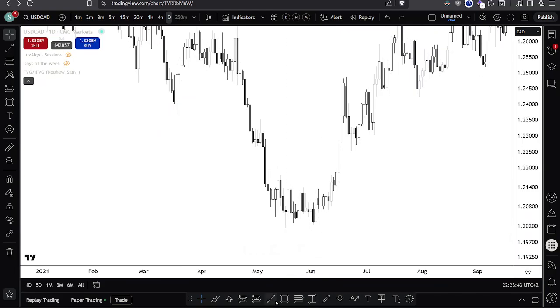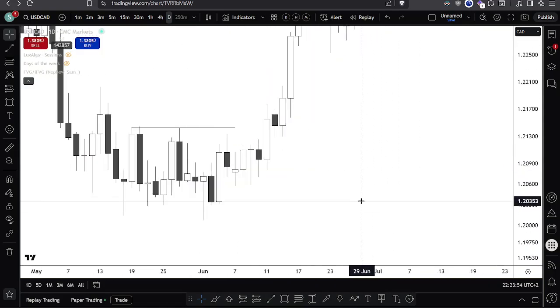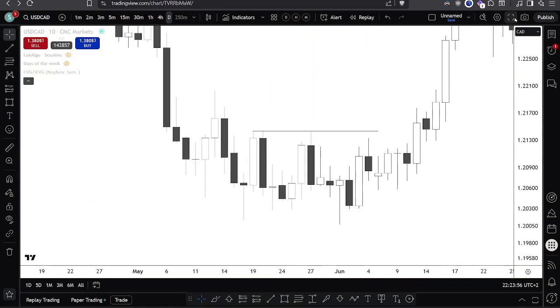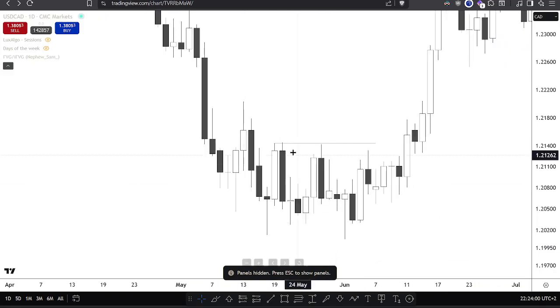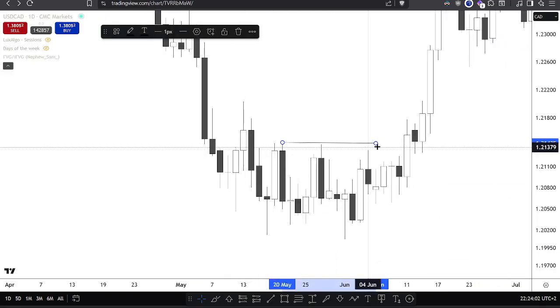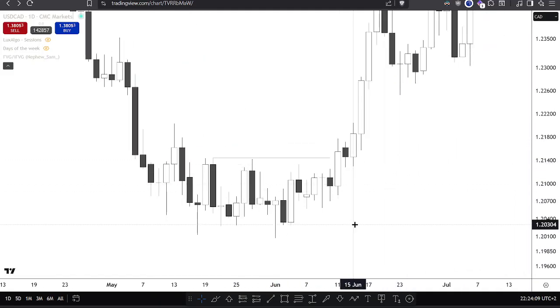So let's see. This is the high, these are the lows, right? And okay, so we have here a double bottom, we have here a high, this is actually higher, and we have here the bar switching, right? So with this white bar, we now have bias long.